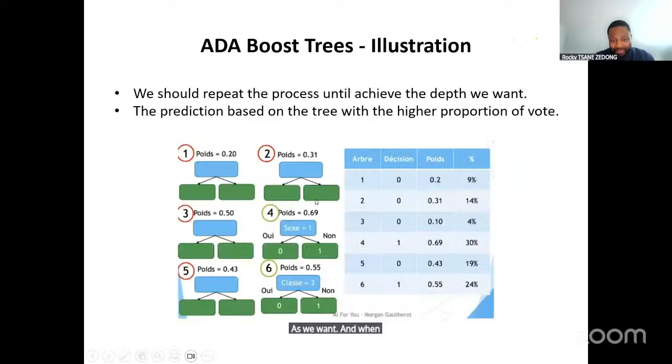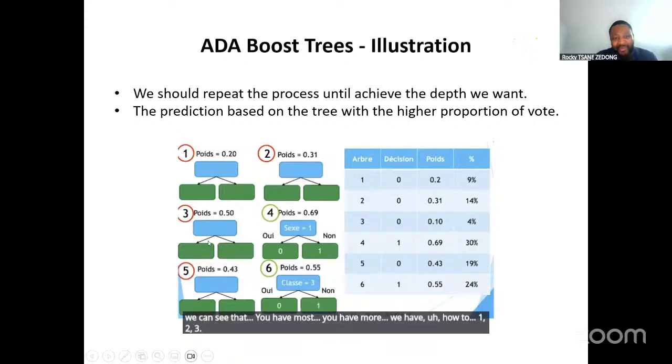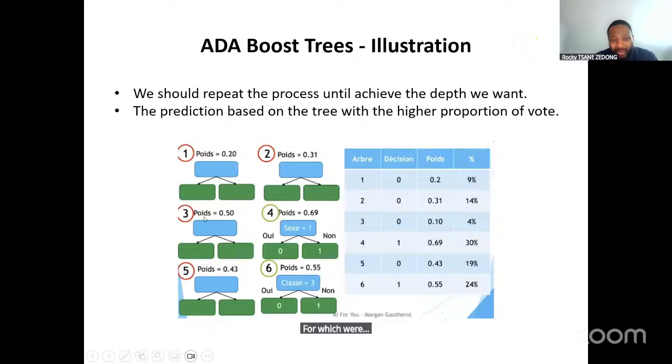And when we have the trees, we can see here, if we do not consider the weight, that we have more, 1, 2, 3, 4, women or men who will survive, or we have most, 2, 4, and 6 with the highest weight, where we see that the woman will not survive.